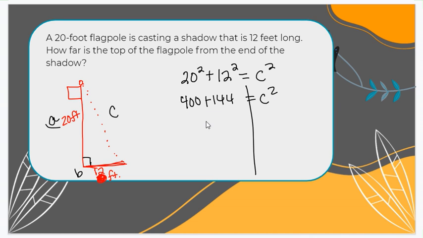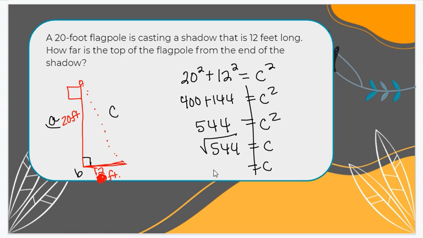All right, 20 squared is 400, 12 squared is 144. Those added together give us 544. And then you're going to take the square root of 544 to get C. Let me do that in my calculator.